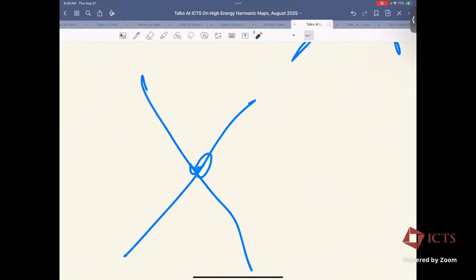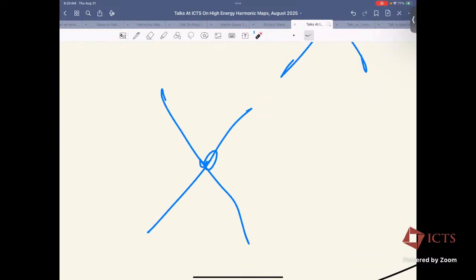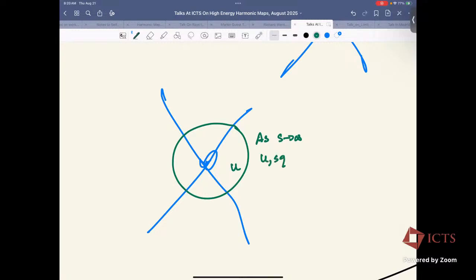Well, I hope this works. All you see is, in the limit, and maybe I'll just try writing this. As s goes to infinity, this neighborhood U with sQ, normalized, we can think of as converging to C with just the quadratic differential c squared dz squared.